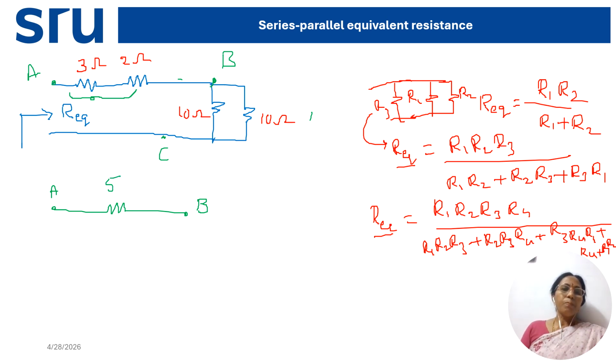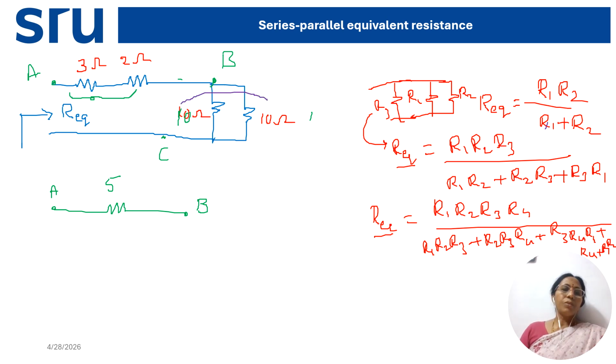Now, between B and C, the 10 ohm resistance and 10 ohm resistance are both in parallel. When two resistors are connected in parallel, what is R equivalent? Let me represent this with a different color.